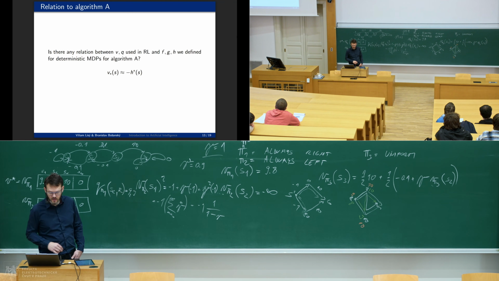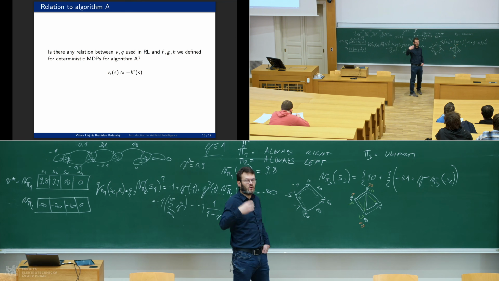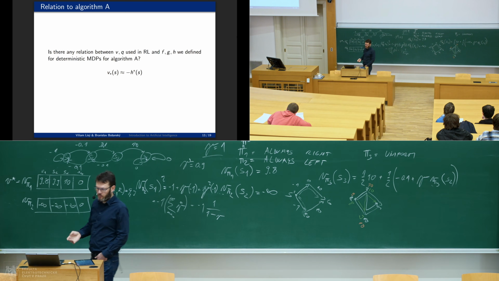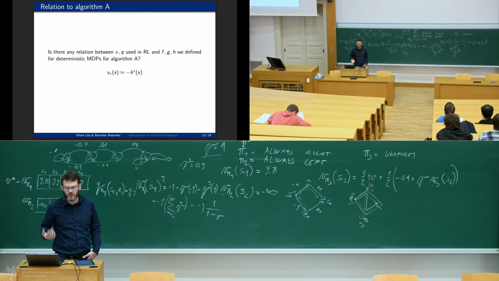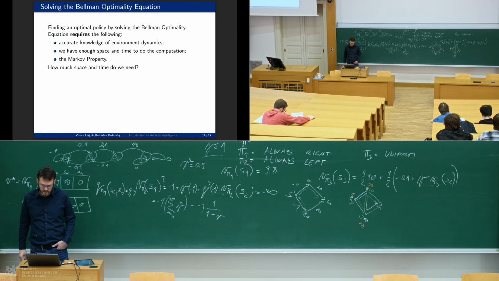Exactly, right? So the optimal value function basically corresponds to the optimal heuristic, which would just take us to the goal if we follow it greedily. But in MDPs, everything is harder because very often they are stochastic, right? So the outcomes are stochastic, and there the analogy already doesn't work so well.